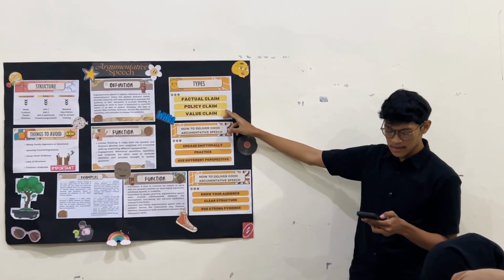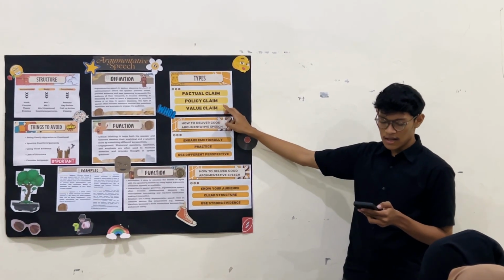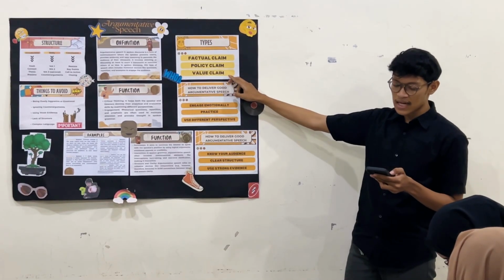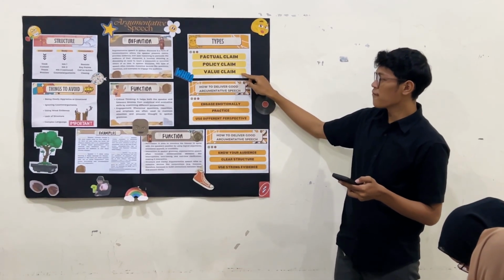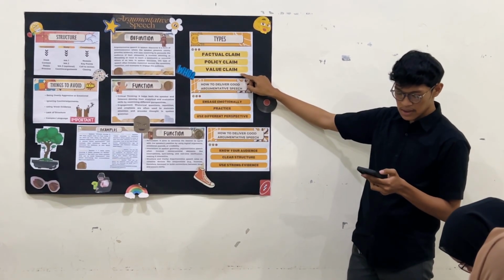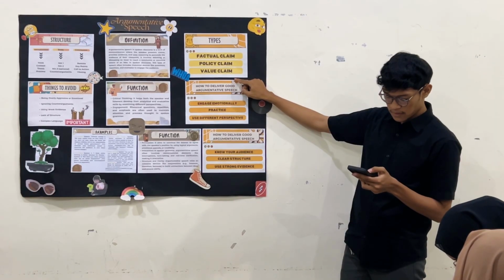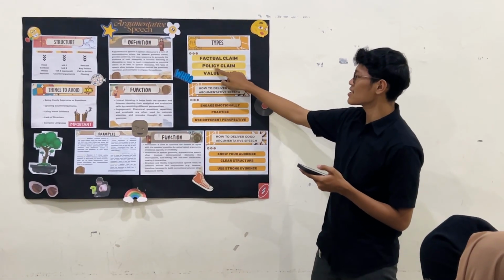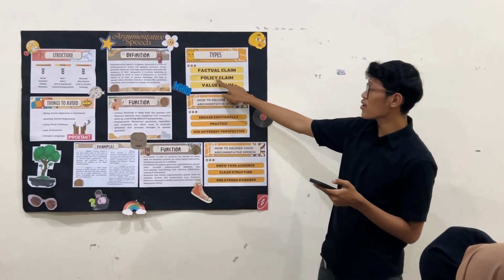And then the value claim is about what is right or wrong. For example, honesty is the best policy, and helping the poor is a duty or task for everyone. For policy claim, it suggests a solution or action.